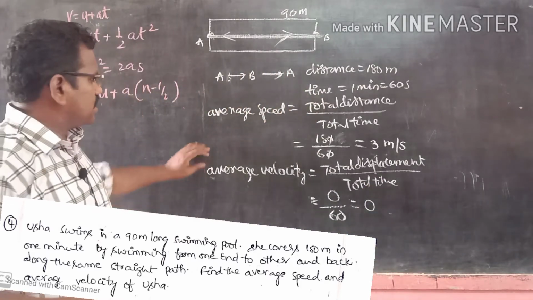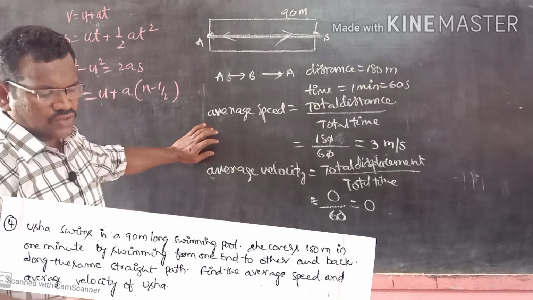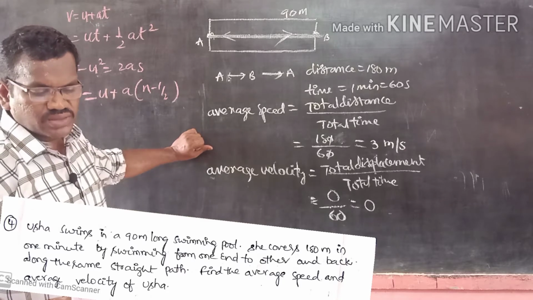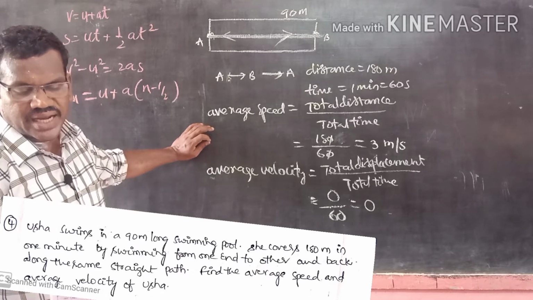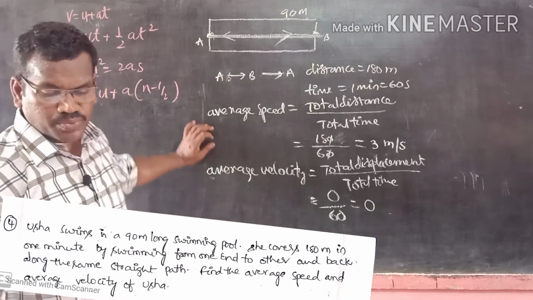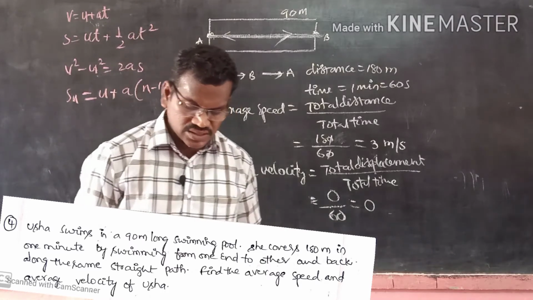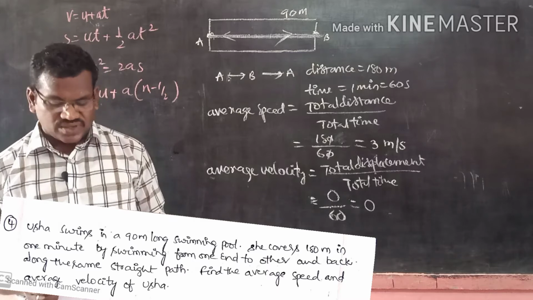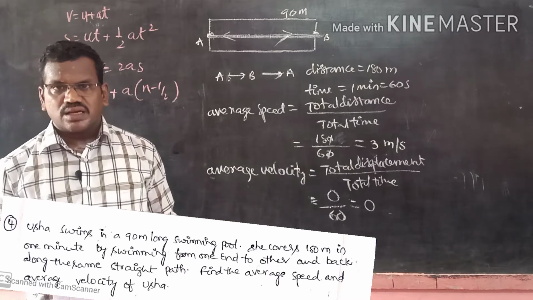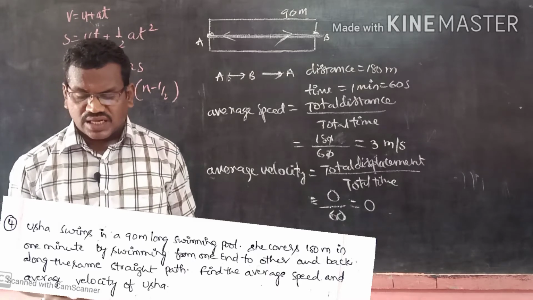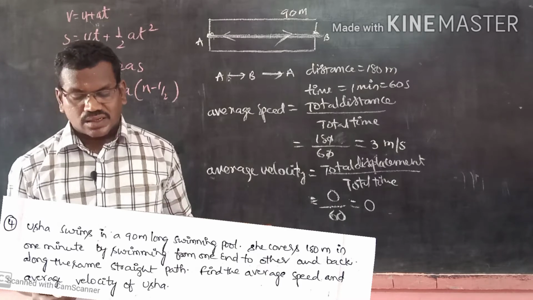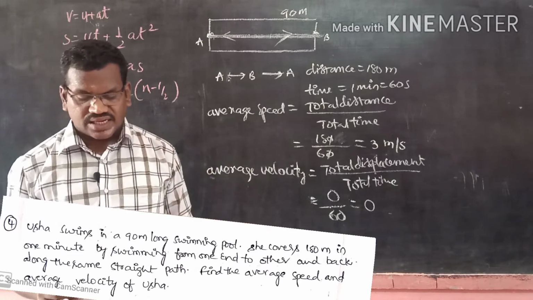See, for this question, Usha swims in a 90 meter long swimming pool. She covers 90 meters in 1 minute by swimming from one end to the other and back along the same straight line path.